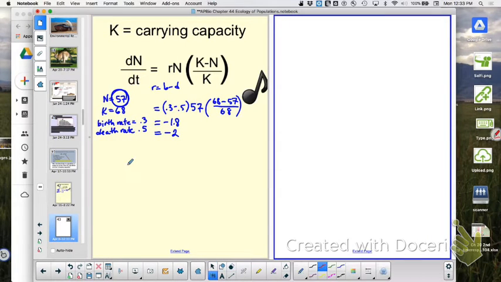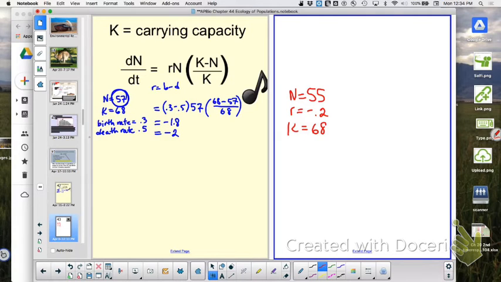Okay, are we ready for year 2? Yes. So if we're going to do this in year 2, our N now is what? 55, because year 1 we lost 2, right? So we have a new N. Is our r still the same? Yes, we didn't change that, it's still minus 0.2. Is our K still the same? Yes, it's still 68.